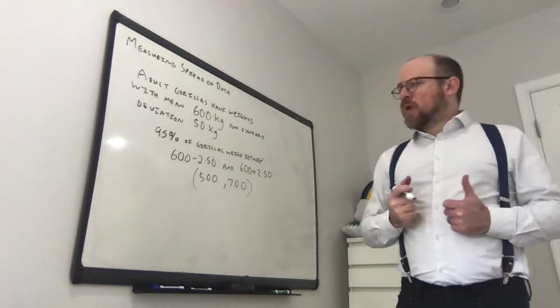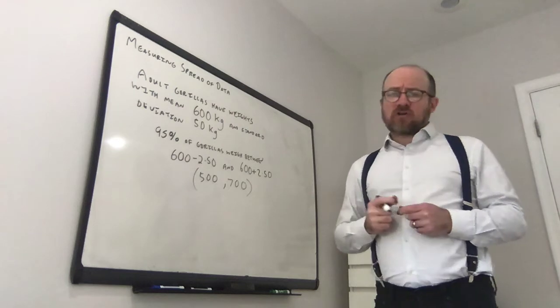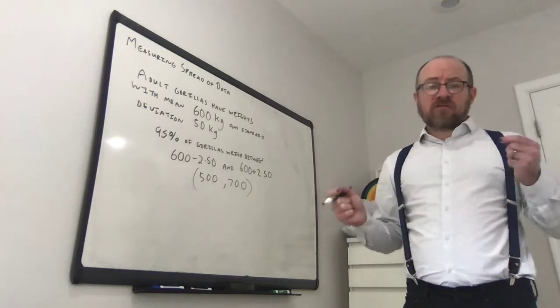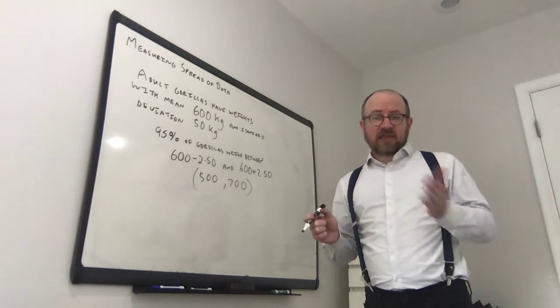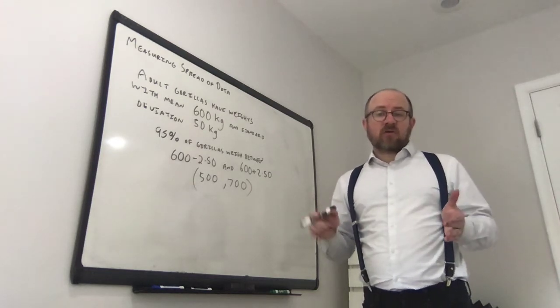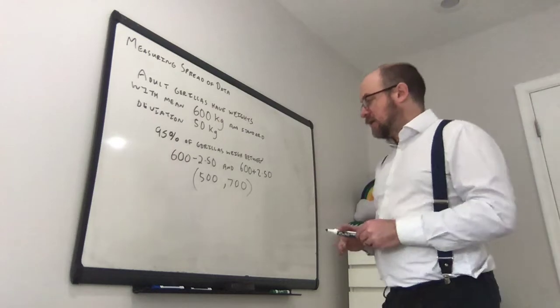And so we use terminology when we talk about where individual data values are. We'll often say that it's so many standard deviations to the left or below the mean, or to the right or above the mean. Okay?